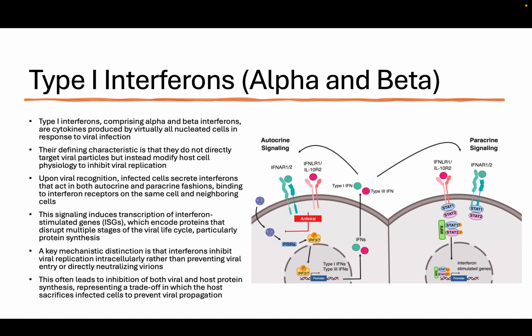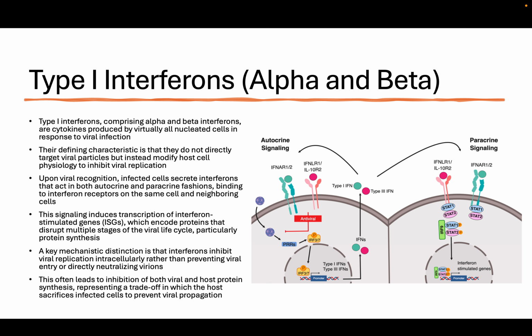This could be, for example, stopping the replication of the viruses. This could be stopping the genome replication. This could be stopping the RNA production, so protein synthesis, and all of that. But this is not specific. When they stop DNA replication or protein synthesis, they stop it for both the host cell and the viruses.